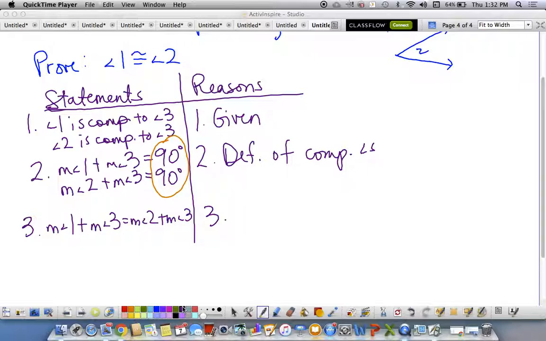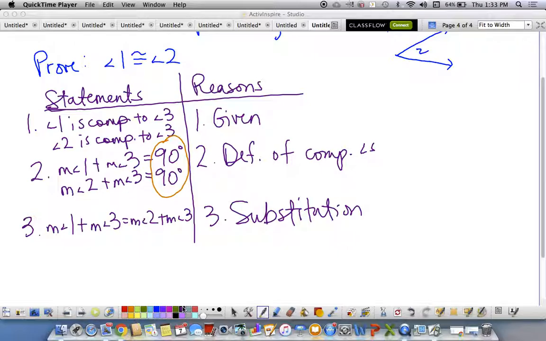Somebody else told me, well, if A equals B and B equals C, then A equals C. Somebody told me the transitive property. That works also. I would accept either one. I tend to think of substitution first. If I have y equals, then whatever that is, I can plug it in for y anywhere I want.